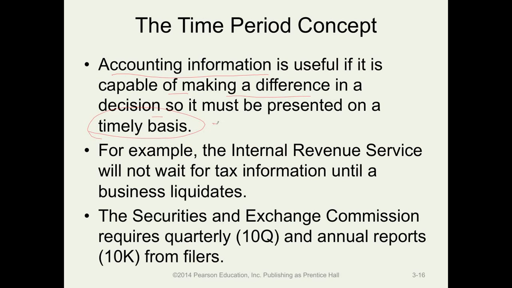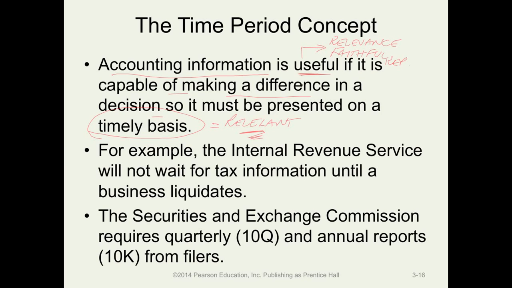Timely information is relevant information, and that's one of the qualities that makes information useful. So relevance is one, and the other is faithful representation. Faithful representation means that the accounting numbers are faithfully representing the underlying economic event that they purport to represent.